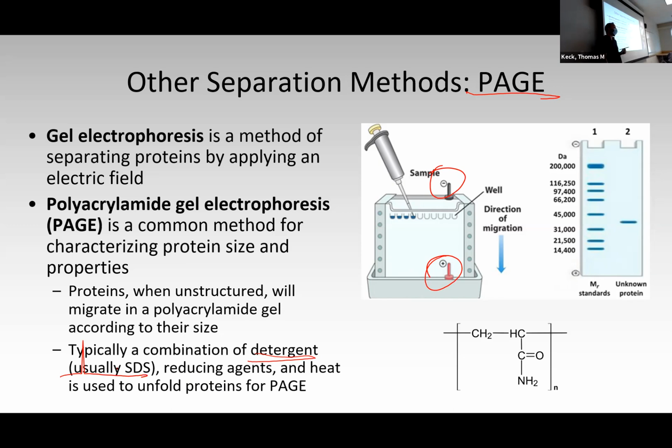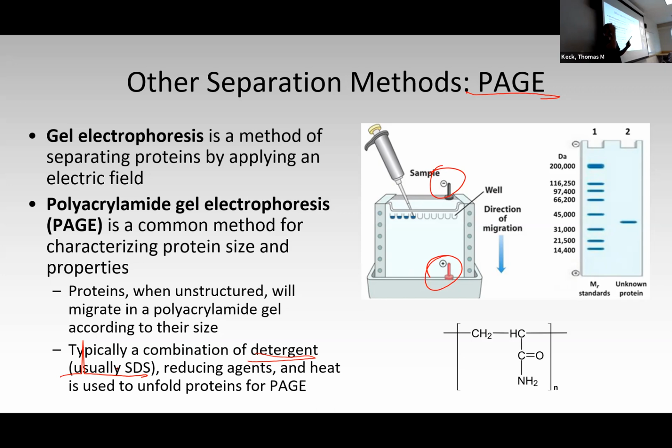So SDS is usually the detergent you'll use. So it'll unfold your protein, it'll coat it with a negative charge, they'll move towards that positive pole and spread things out. Now, it's not going to spread things out based on charge because your mass to charge ratio is actually going to be the same across all of your proteins. So it ends up separating things out by mass.